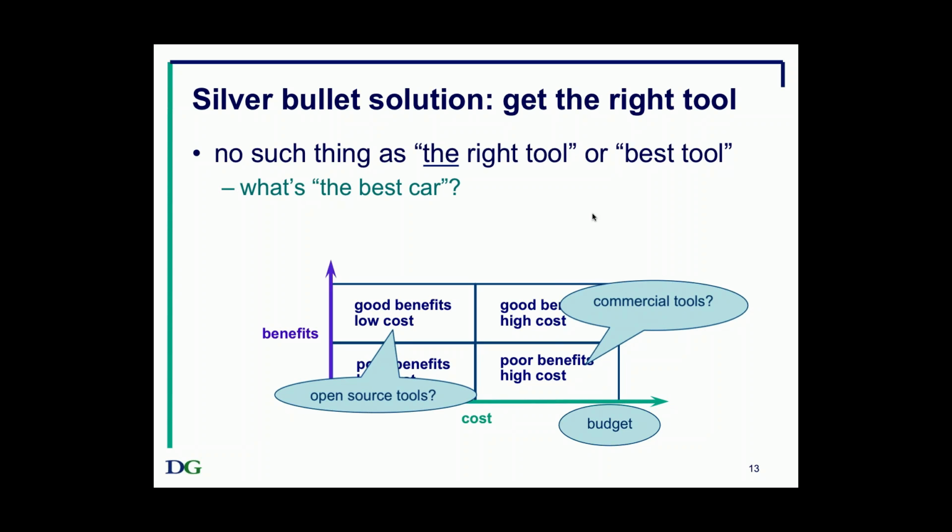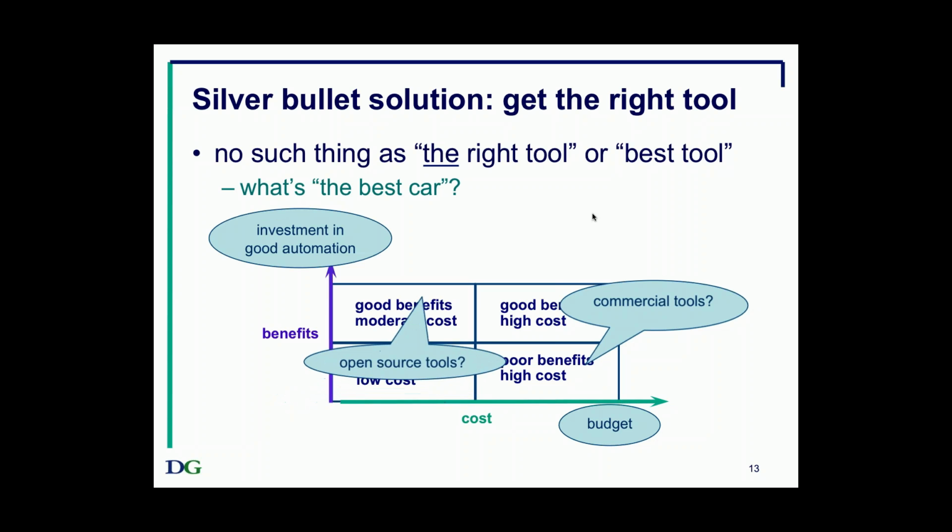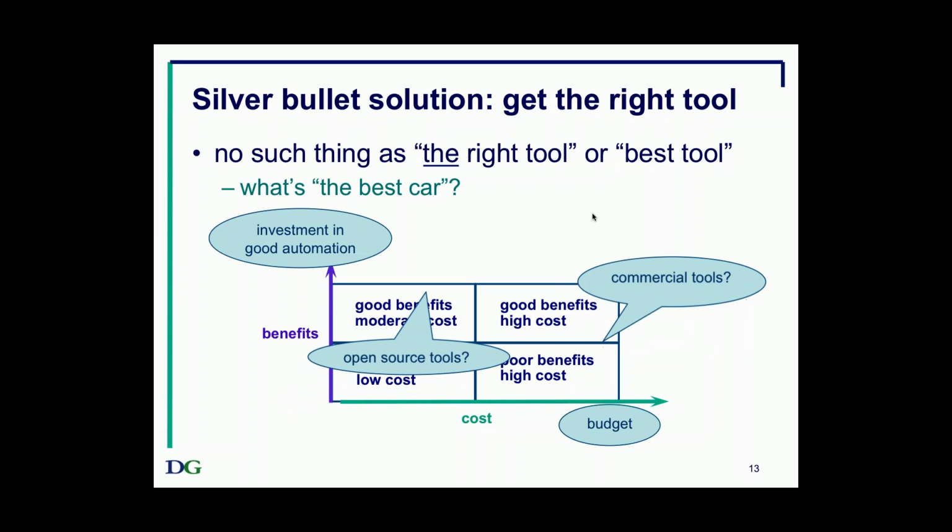And the key, whatever type of tool you have, is that you do need to invest in the automation in order to be successful. So in addition to your budget for the tool itself, you need to invest in how you do the automation. And if you do that, you will get, it's perhaps moderate cost rather than low cost, you will get greater benefit both from open source tools and from commercial tools.